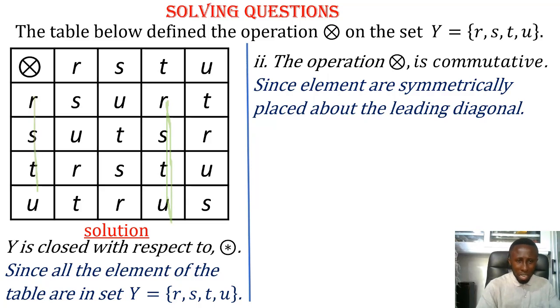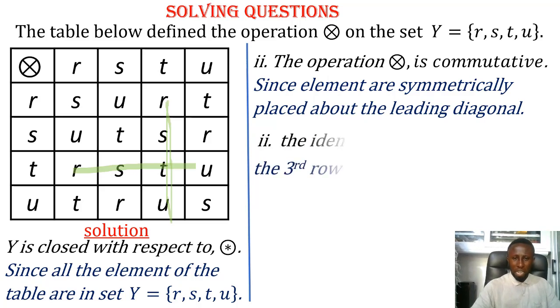Now let's check. So how many columns? 1, 2, 3. That's the third column. The third column repeats here. So let's check the third row. In the third row we have R S T U. So it's the RSTU, meaning the third column and the third row repeat itself.